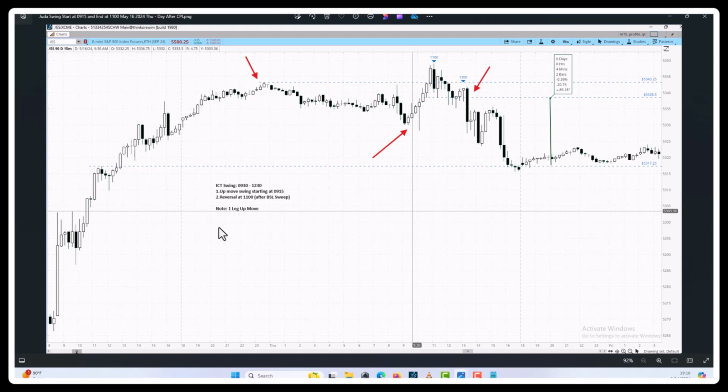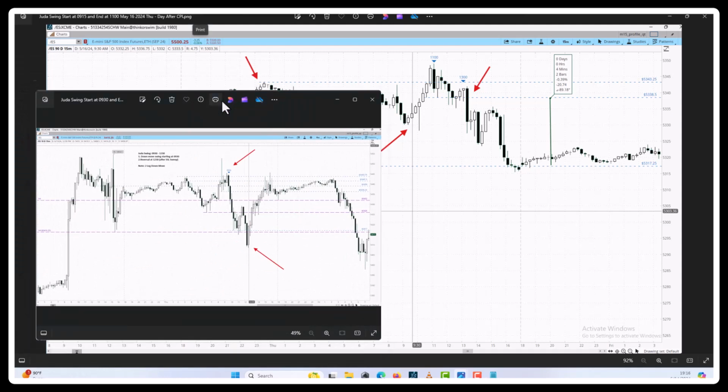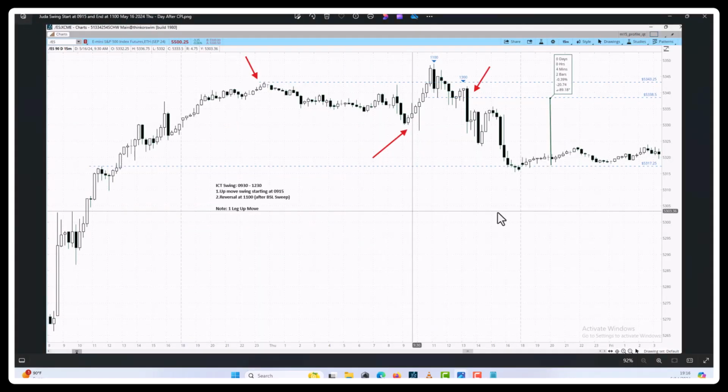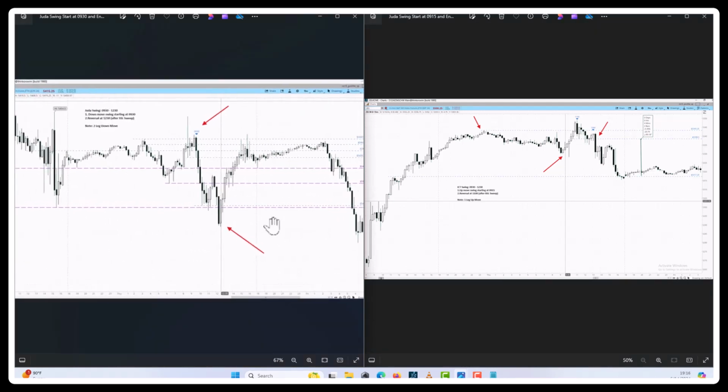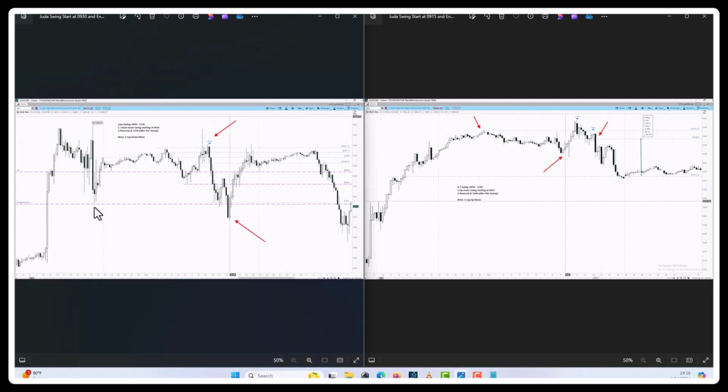But anyway, it's very interesting when we see the Judas swing at 9:30 side by side. One is a long setup, one is a short setup. The one on the left just happened on Thursday, yesterday, after the CPI. We have a Judas swing at 9:30, then a down move, 2 leg down, and then a reverse.